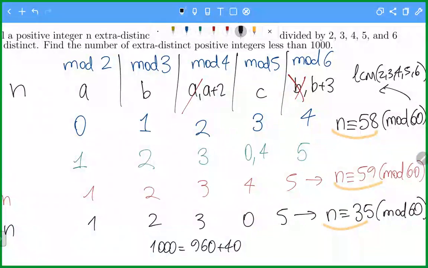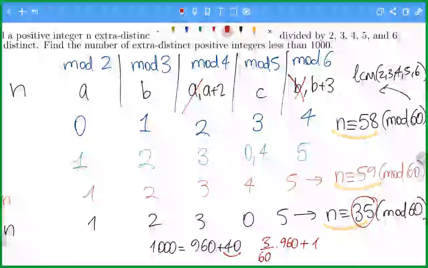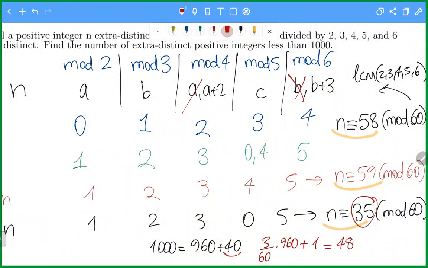So in 960, only three of each 60 is an extra distinct number, and from the remaining 40, only one of them, because the only one which is equal to 35 mod 60 works, the others would not work. So then the final answer is 48 plus 1, which is 49. So our final answer is 49.